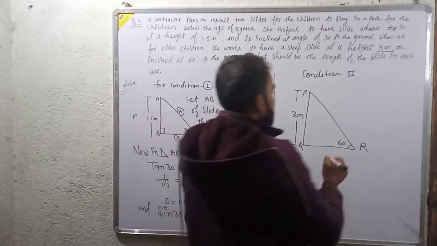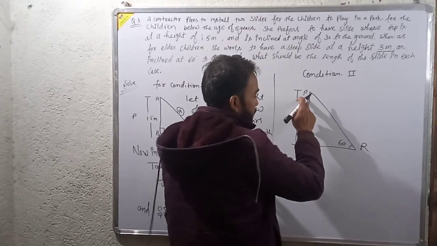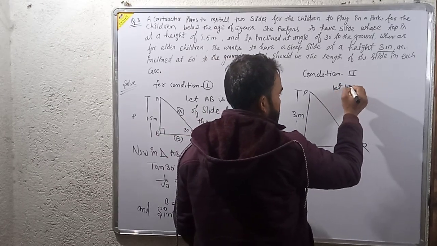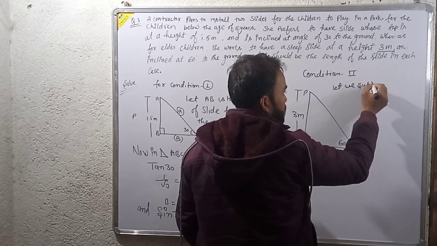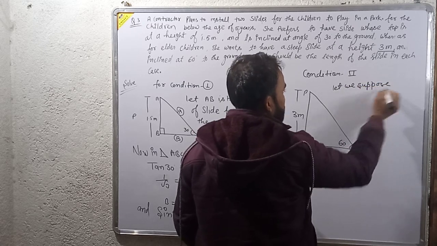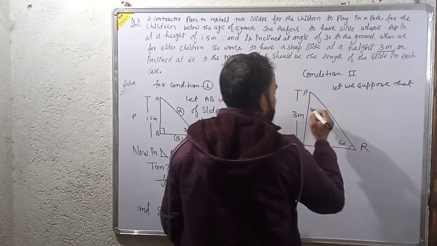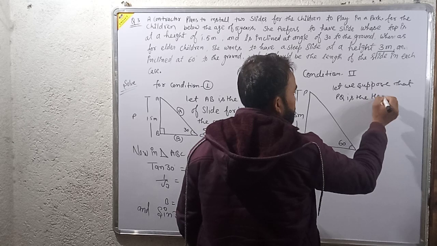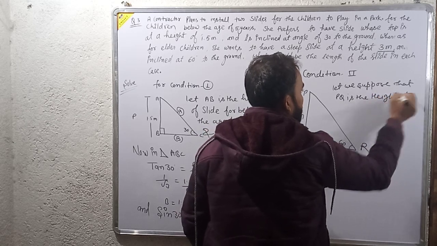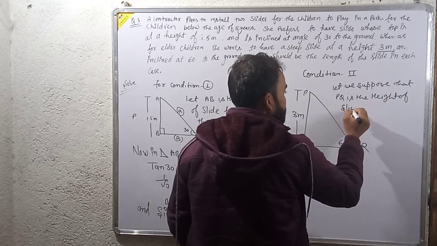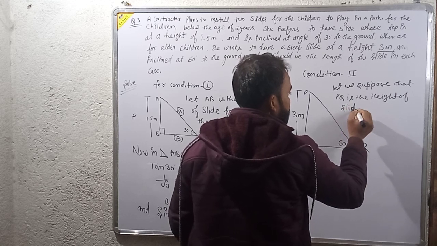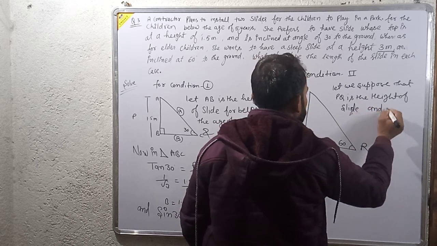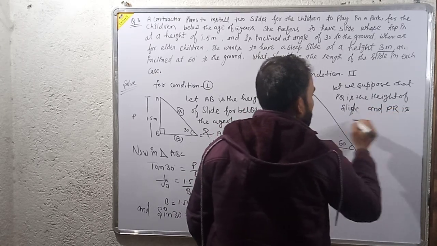Now in right angle triangle PQR, let us suppose that PQ is the height of the slide and PR is the length.